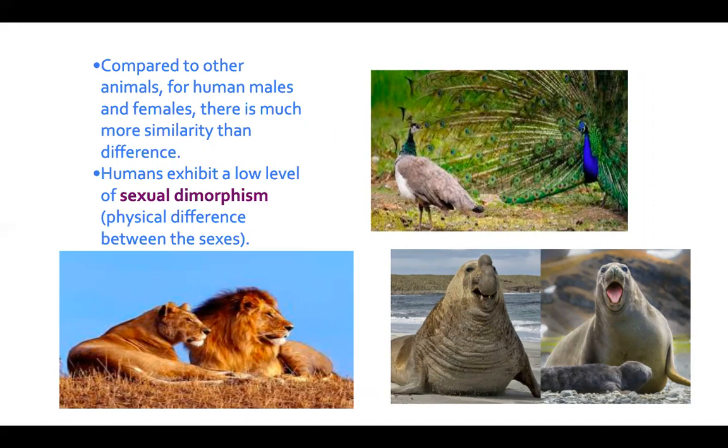But if you really think about male and female bodied individuals, on average, we are not dramatically different, especially compared to other animals in the animal kingdom, like lions and peacocks and mallard ducks and orangutans and bull seals. We are not as dramatically different from each other, males and females, as these other animals are. And so the term for that is sexual dimorphism.